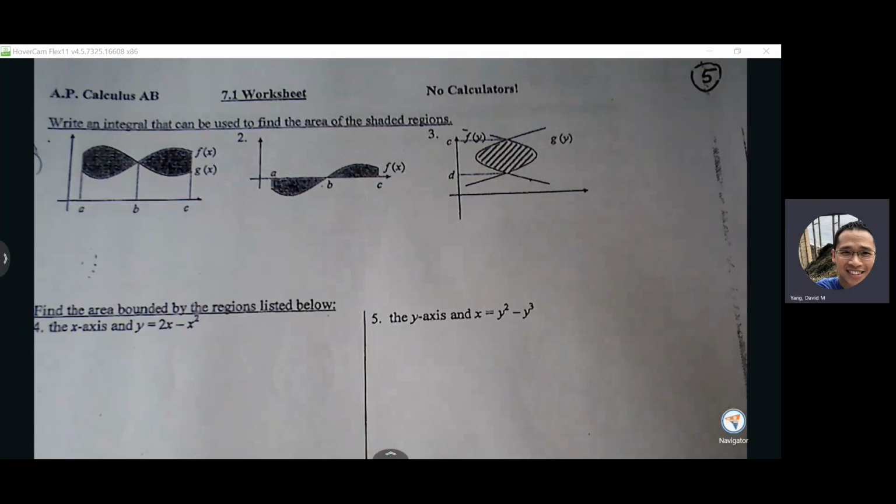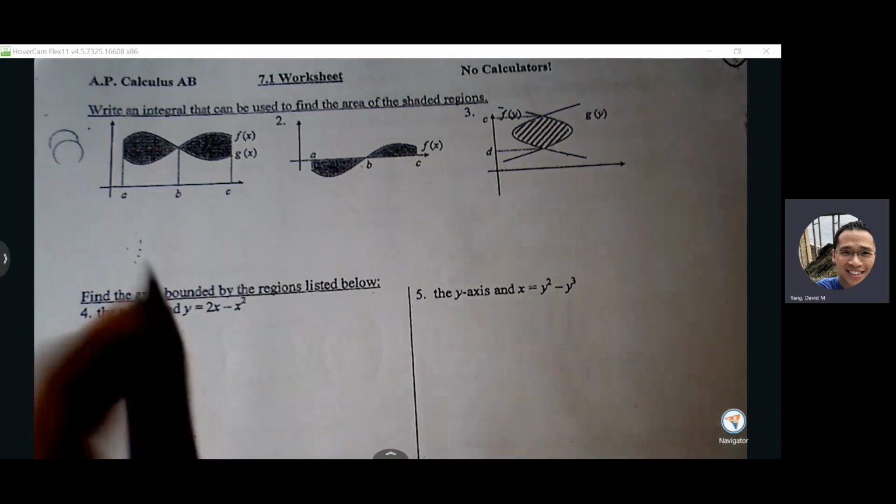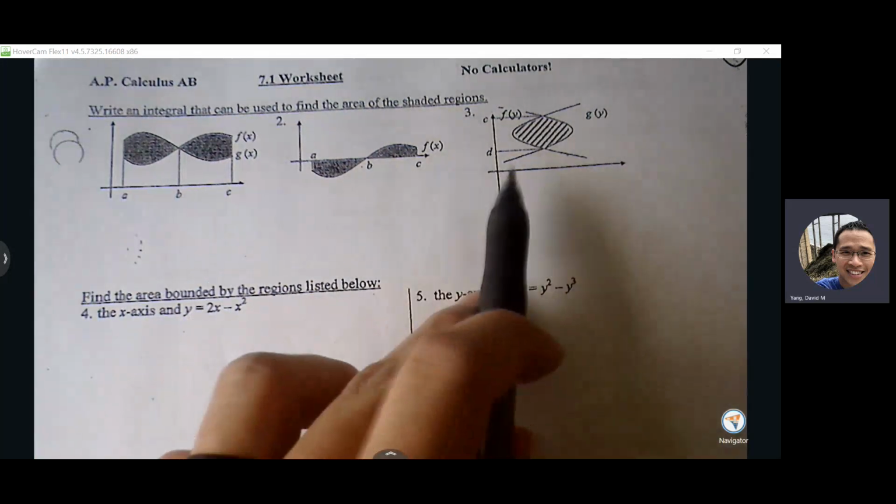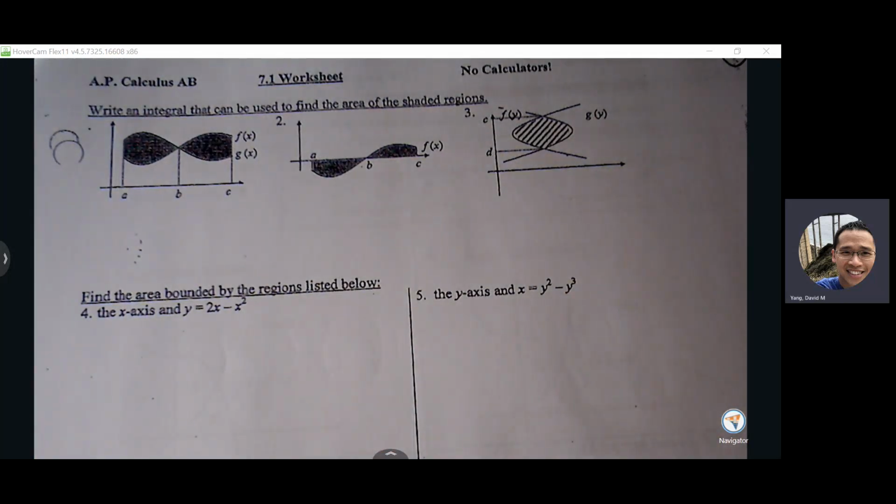Try the ones on the top here, 1, 2, and 3. Can you represent the area of the shaded region using your integral notation?